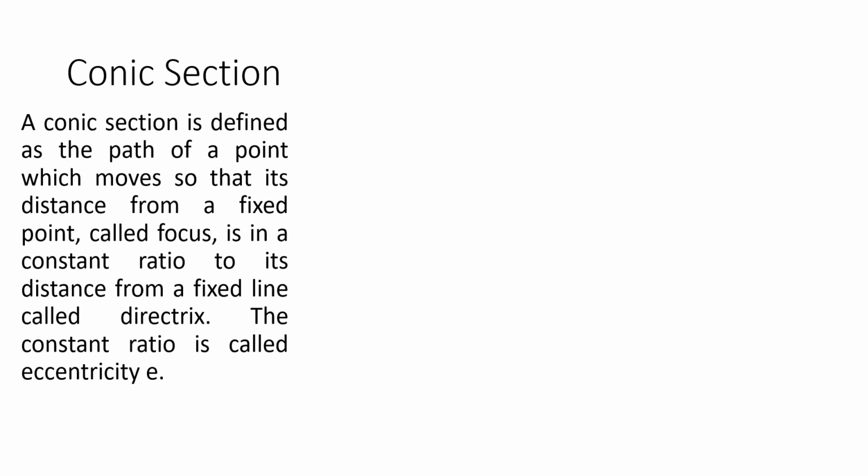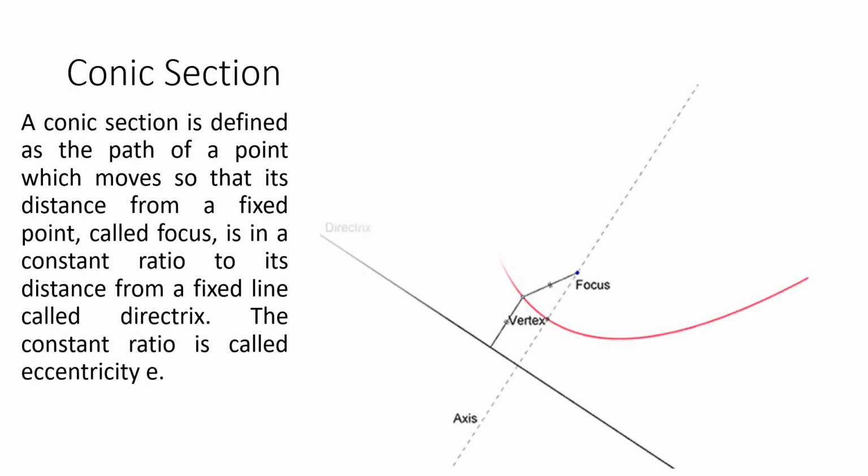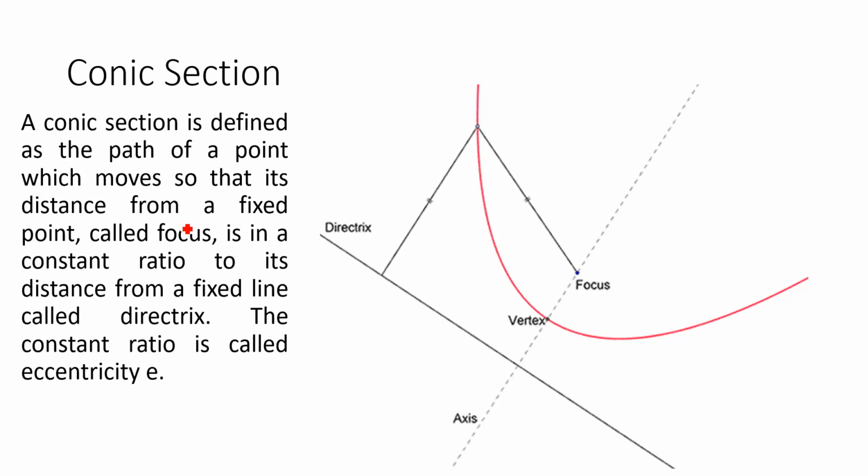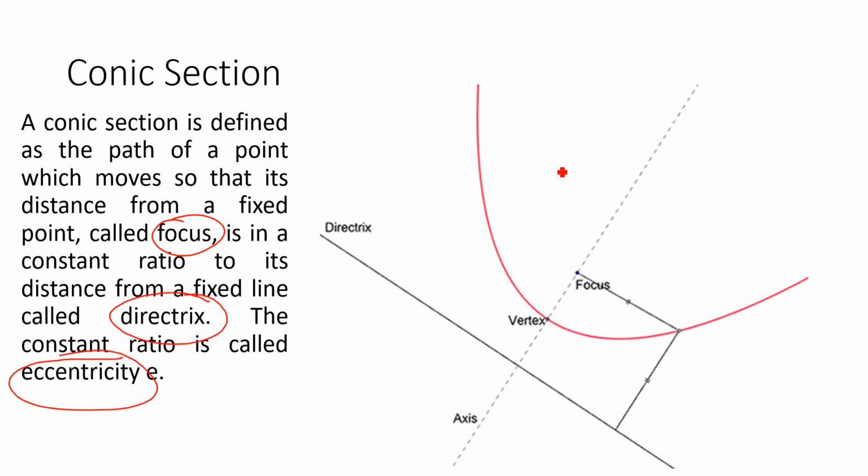As we can see here, we have very technical terms. The technical terms here are the focus, the directrix, and eccentricity. Now, for visualization of this focus, the directrix, and eccentricity, when we say focus, it's a fixed point.